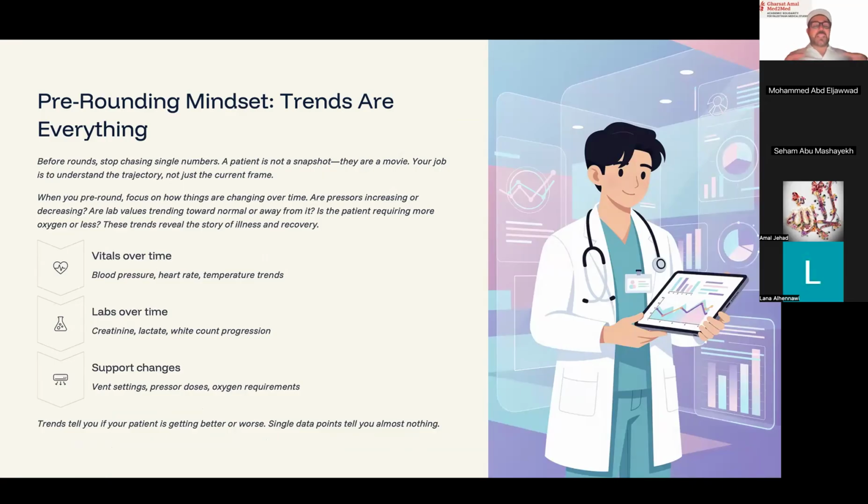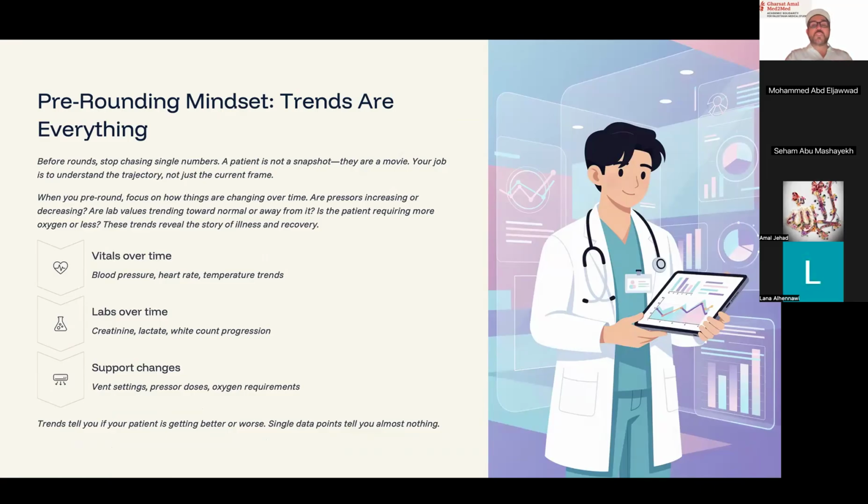So there is something else that we start to learn as we get more experience. And you'll start to hear the word pre-rounding. شو هاي pre-rounding? ما قبل الrounds.